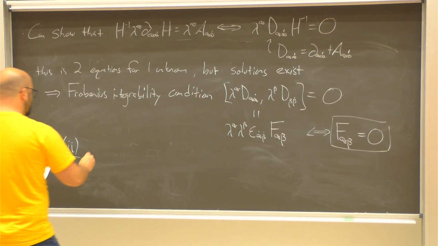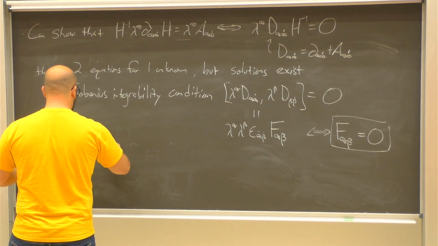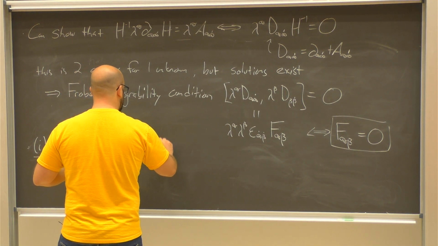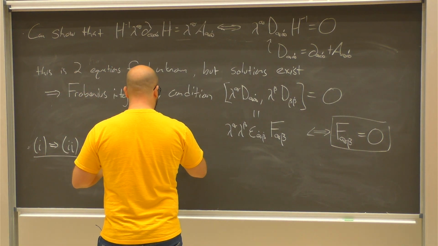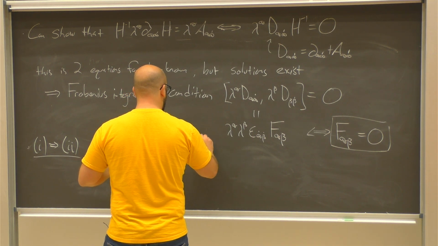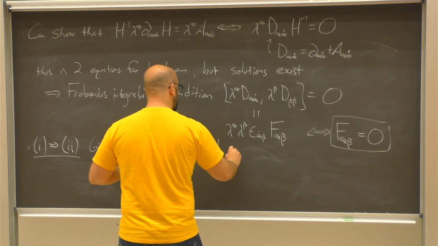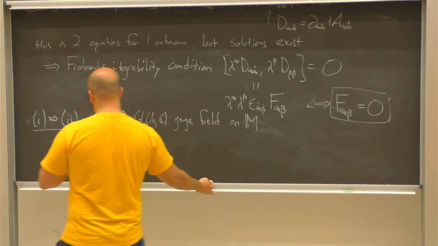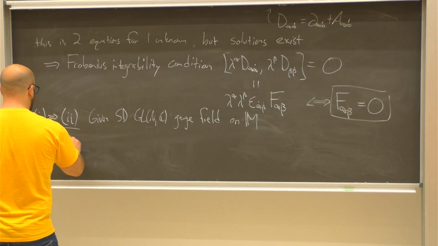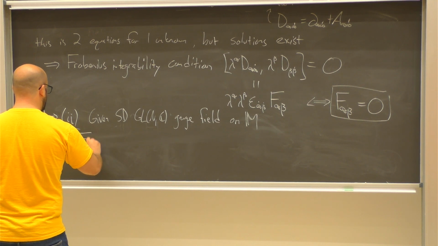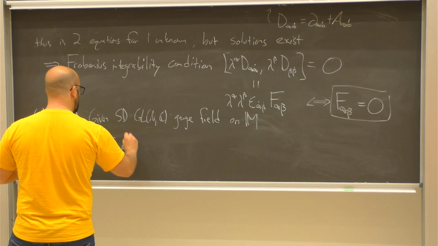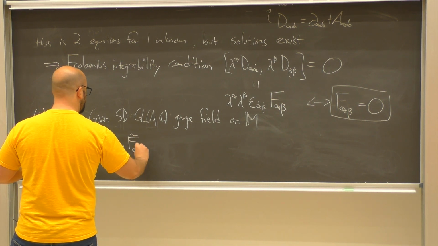So suppose we're given a self-dual GLNC gauge field on M. So we have that its field strength, F AB, is just epsilon alpha beta F twiddle alpha dot beta dot.